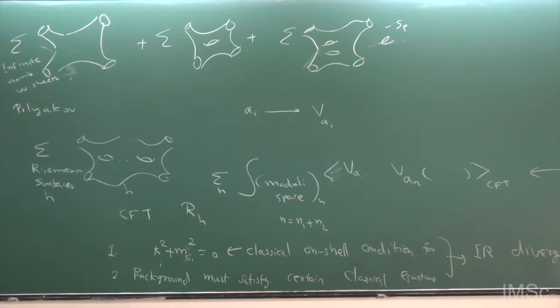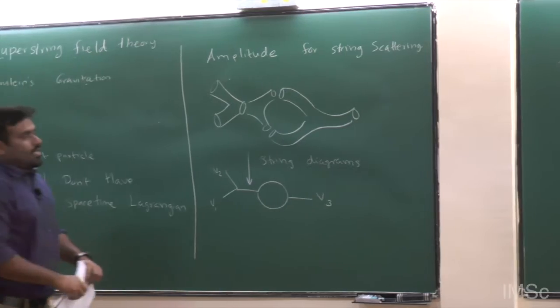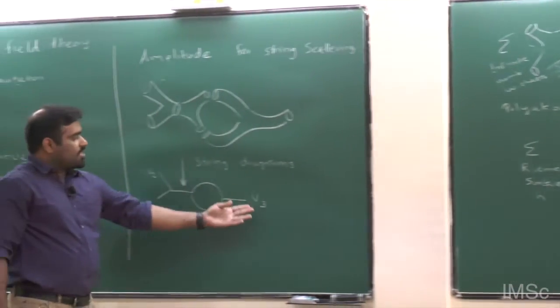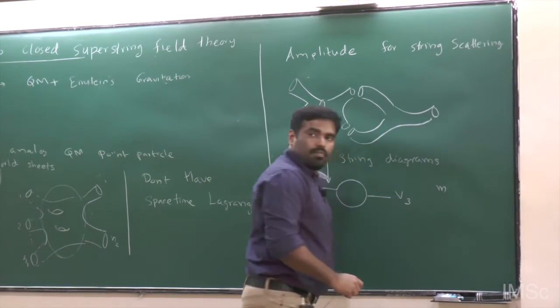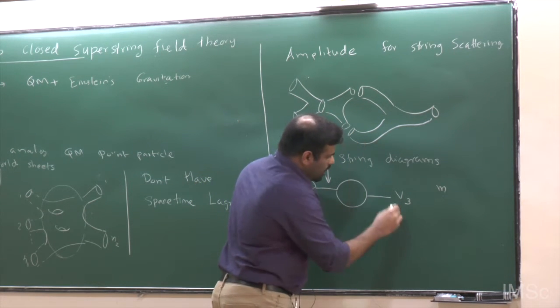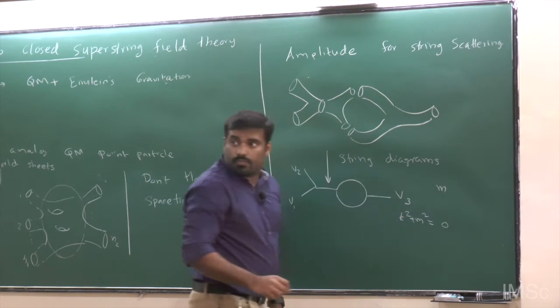So for example, you can consider this diagram. Assume that you have a diagram where three string states are interacting, say V1, V2, and V3. And the first condition demands that, say you start with a vertex operator having tree level mass m, and then you want to consider only those momenta that satisfy k square plus m square equal to 0.